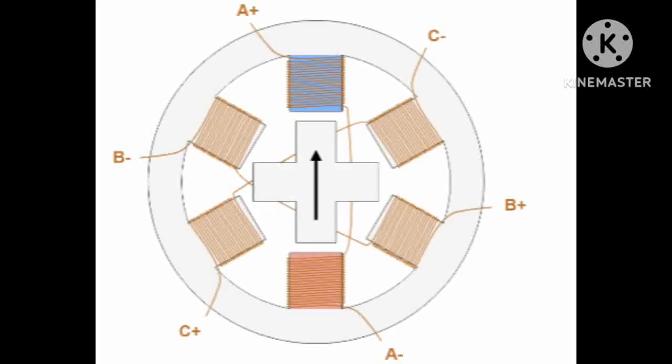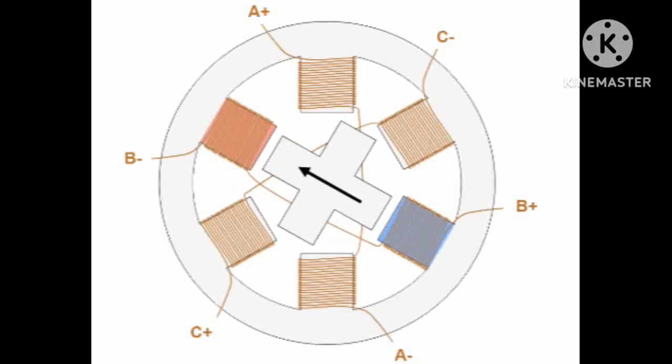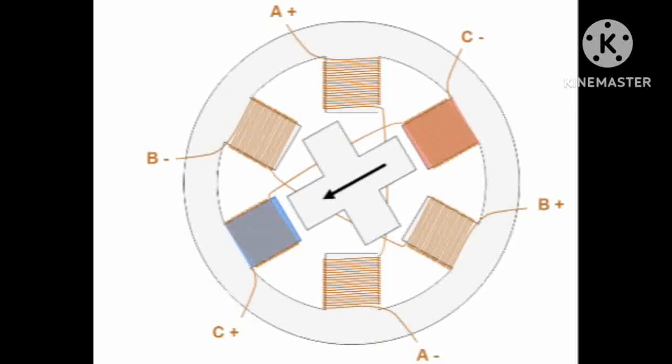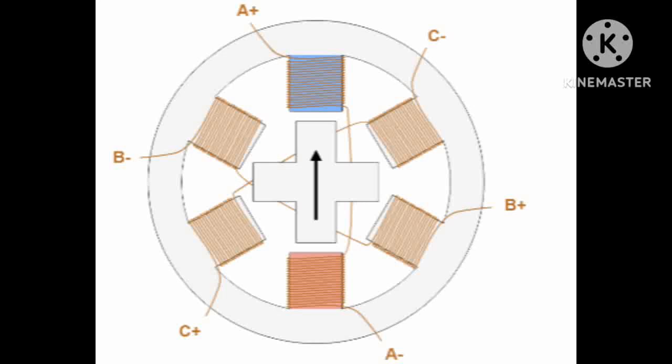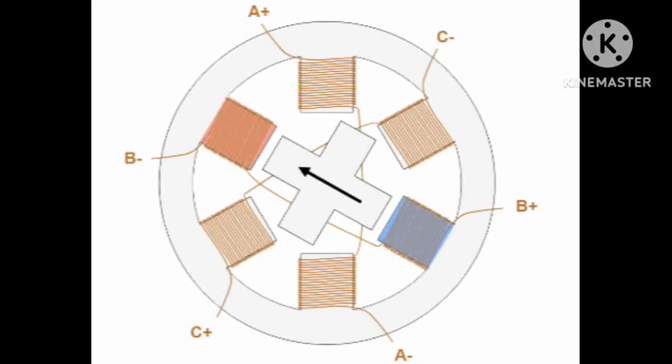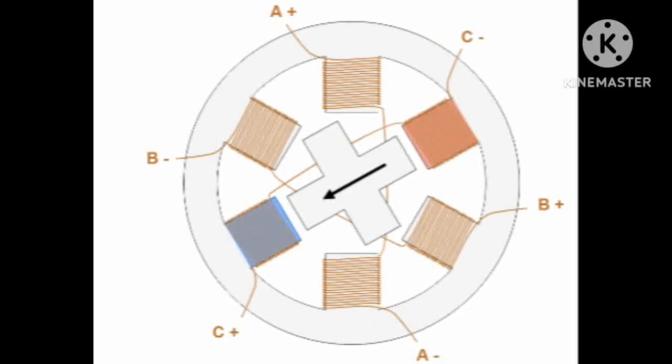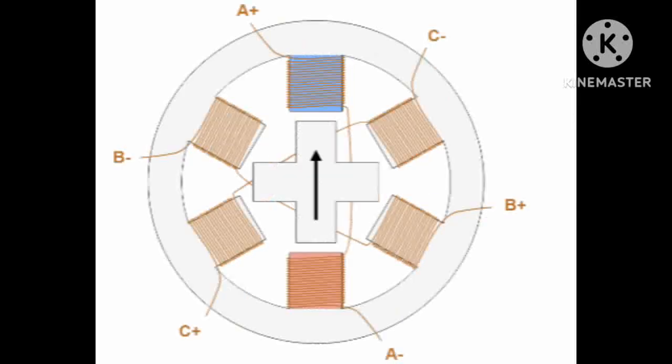What is reluctance torque? The reluctance torque is created mainly due to the difference in the air gap between the stator and rotor. It depends on the air gap difference between the rotor and stator reluctance path. The reluctance depends upon the length of the air gap between the stator and rotor.